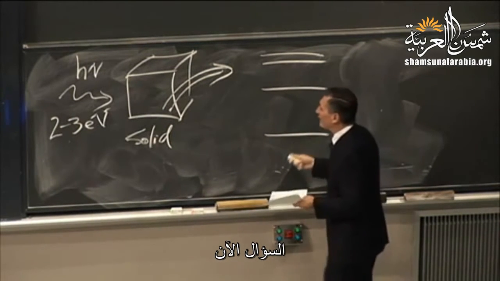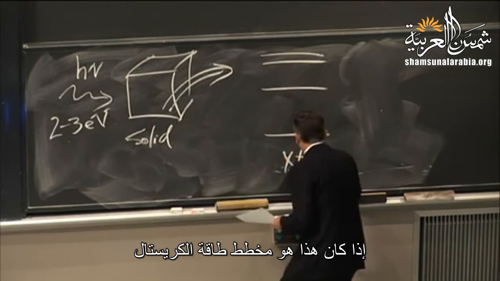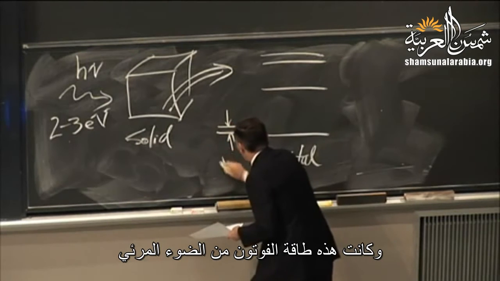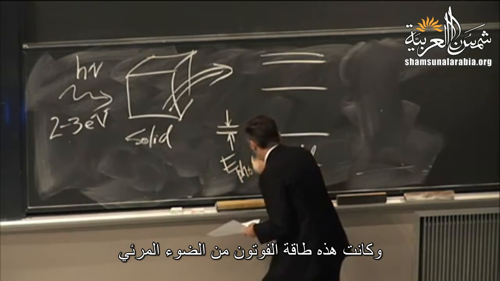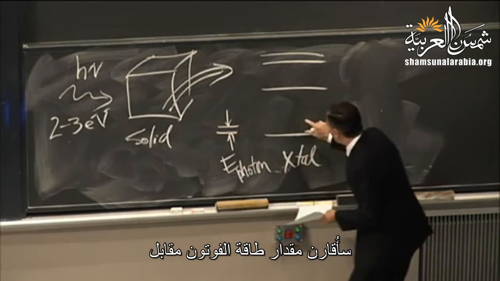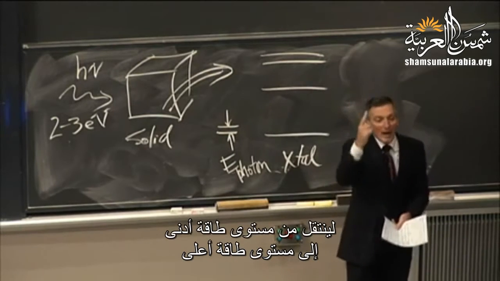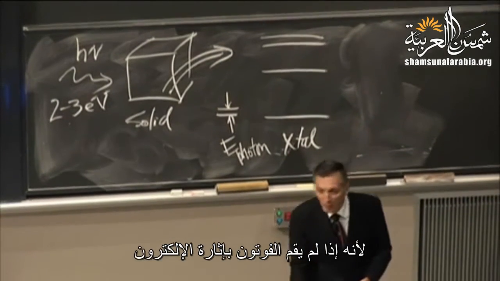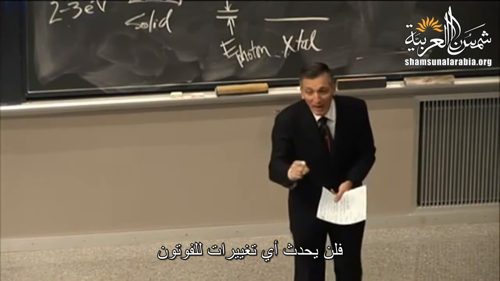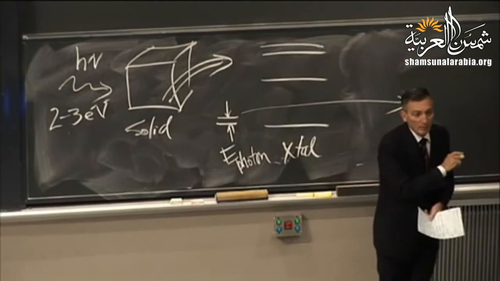So now the question is, if this is the energy diagram of the crystal, and I make this the energy of the photon of visible light, I'm going to compare how much energy the photon has versus how much energy it takes to excite electrons all the way to a new state. Because if you don't excite them all the way to a new state, they can't go part way, so nothing happens. And if nothing happens, the photon goes through, and that's transparent.